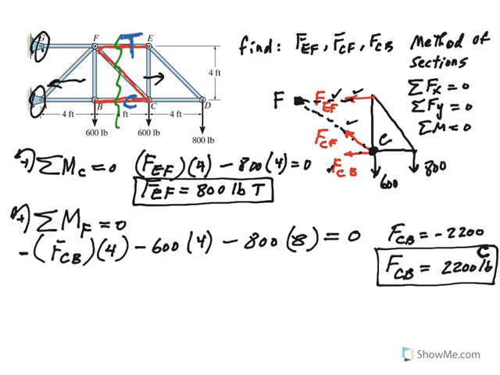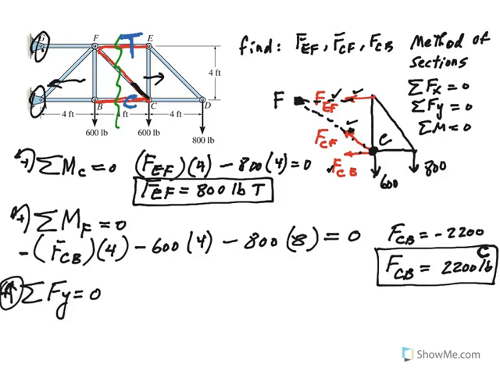That leaves us with just one other member, member CF right here. How do we find the force in this member? Well, we could use a moment equation, but not efficiently, because you have to find a moment about a point where FCB and FEF don't have any moment, and they are parallel to one another. But we could use the force equation. Why don't we sum the forces in the y direction and set it equal to 0.